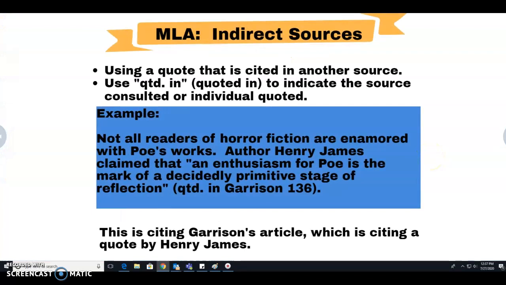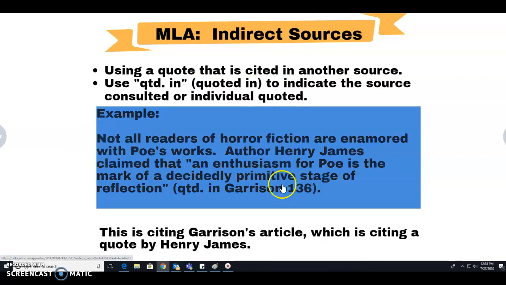And then we see a lot of questions about indirect quotes and sources and that sort of thing. So if you are reading an article and you find a great quote but it's really by somebody else in that article, this is how you follow those MLA style guidelines. So you would use quoted in to indicate the source consulted, right?